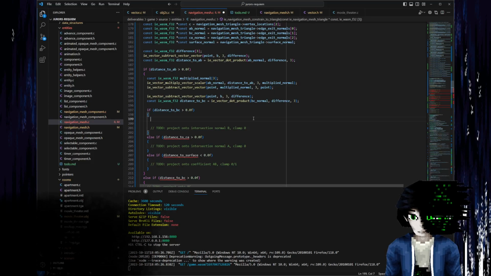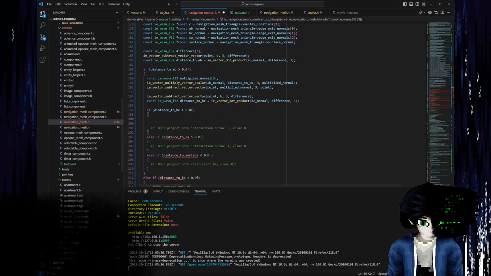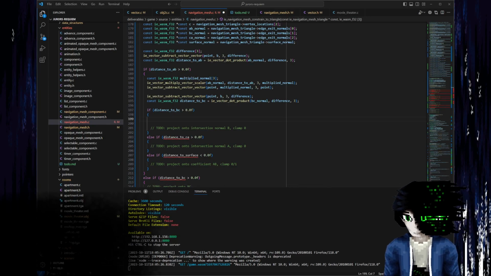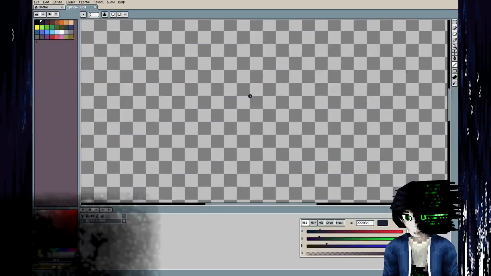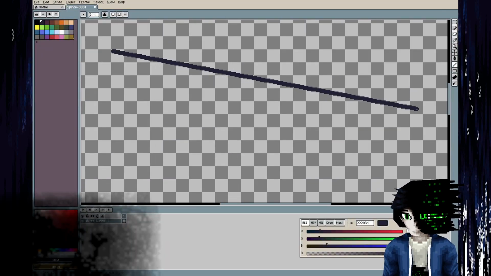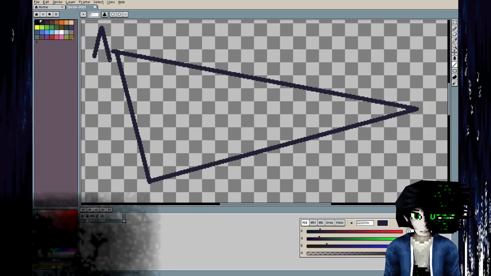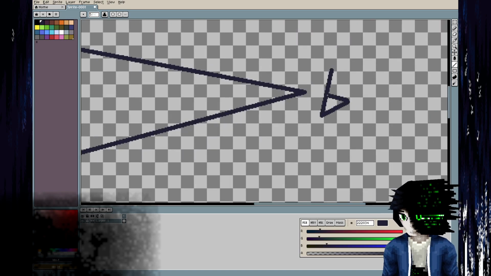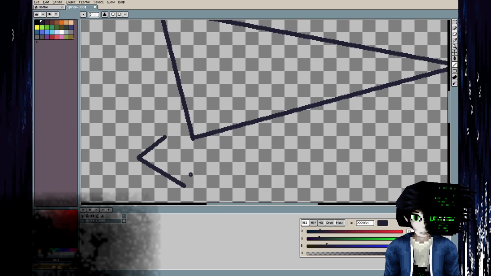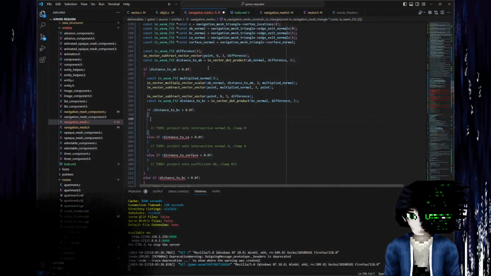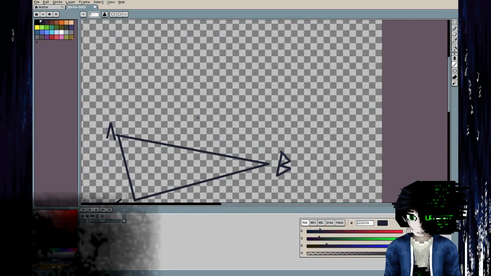So what we can do now, I should really get Sprite up and start drawing what I'm doing so that I can explain it and also visualize it for my own benefit. So we have a triangle here, we have A, B, and C. We're over this edge, we're over AB.